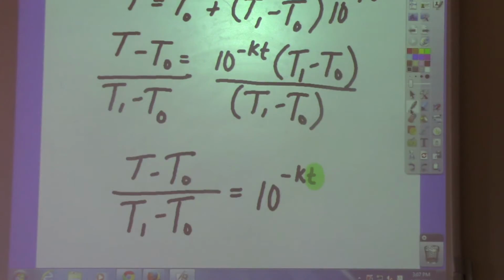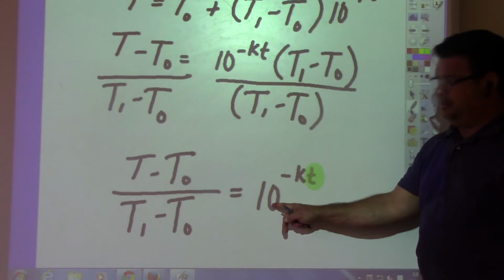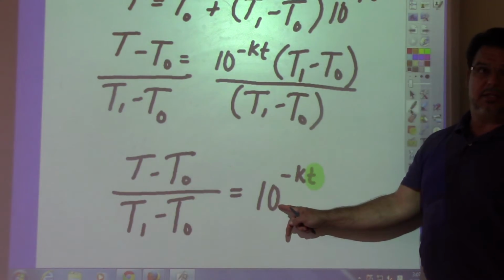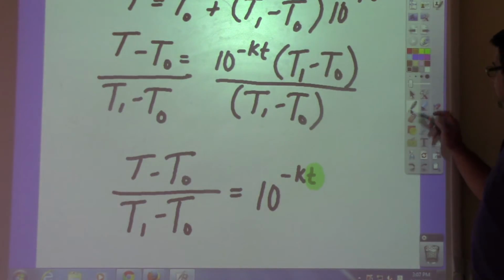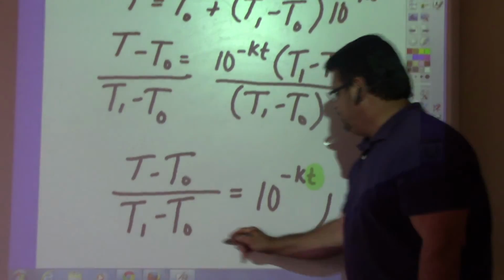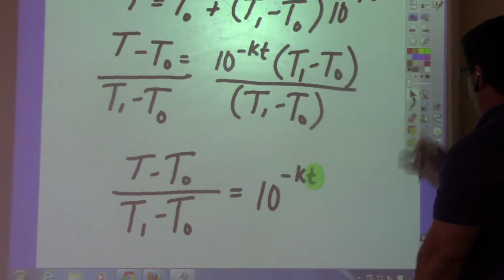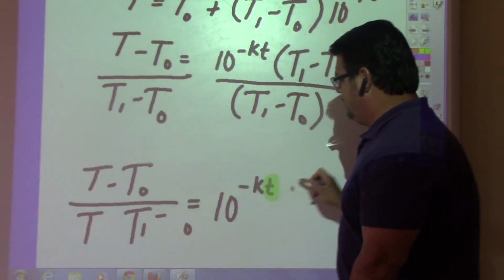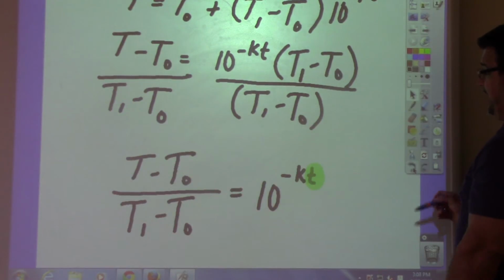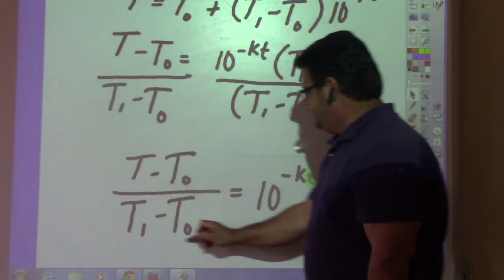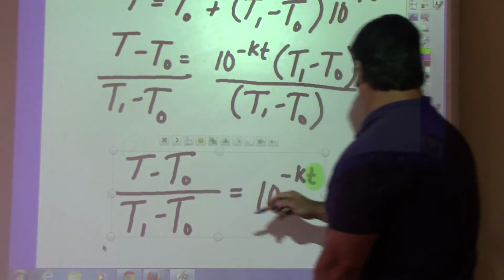Which one am I going to do? LOG. Why? That's easier. It's log base 10. And that would be log base 10 of 10 to the something, which is an identity. So let's take that across.